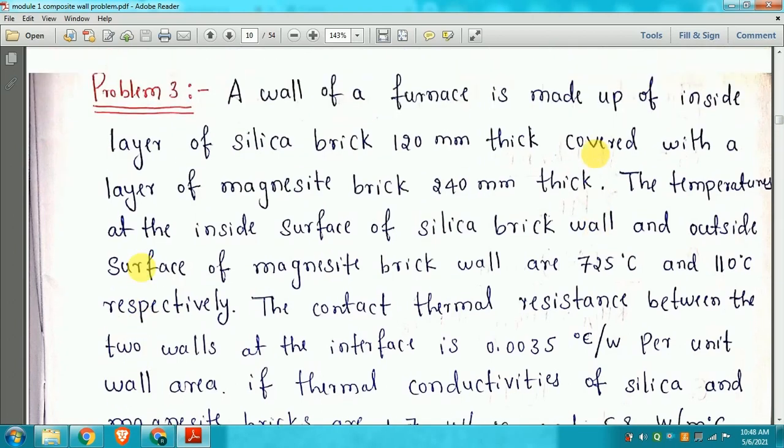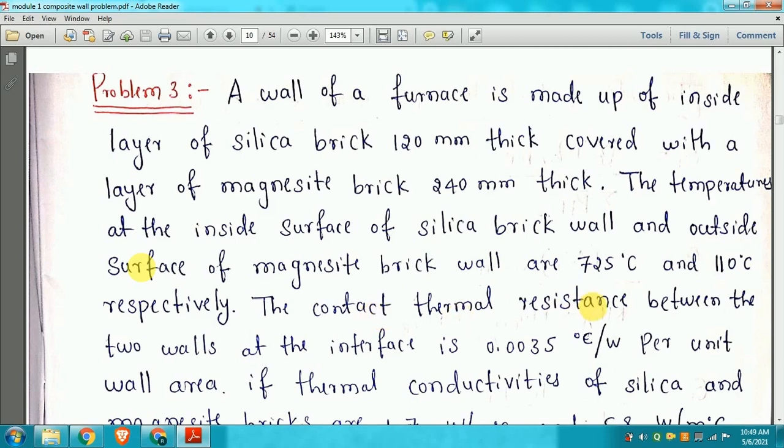A furnace wall is made up of an inside layer of silica brick 120 mm thick, covered with a layer of magnesite brick 240 mm thick. The temperatures at the inside surface of the silica brick wall and the outside surface of the magnesite brick wall are 725 degrees Celsius and 110 degrees Celsius respectively.